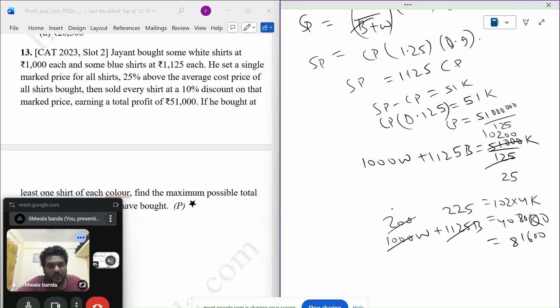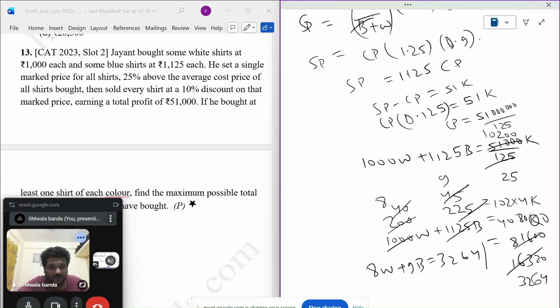Again, let's do it, divide by 5. 7 5s are 35, 6, 7, 8, 31, 6 5s are 30, then 16, 3 5s are 15, 2 is 0. 8, 9, 3 5s are 15, 2 is 10, 32, 6 5s are 30, 3 5s are 15, 13, 2 is 10, 30 to 6 are 3264. So I got 8W plus 9B as 3264.